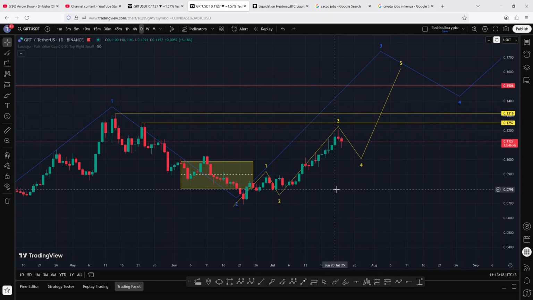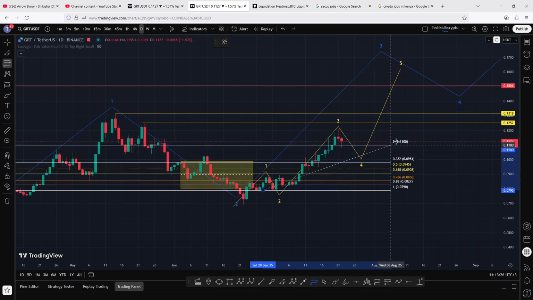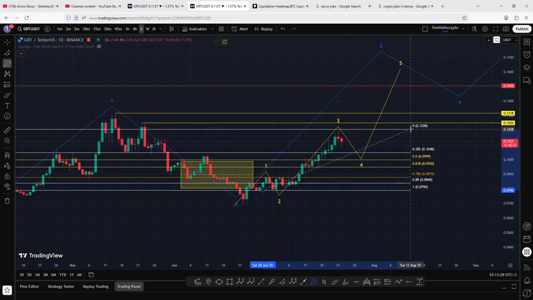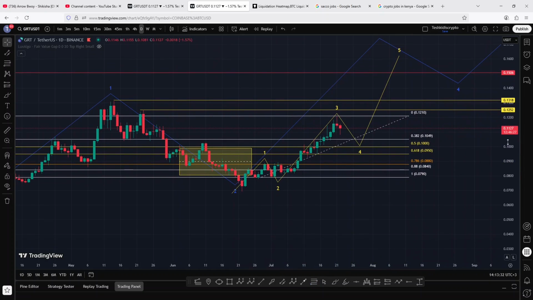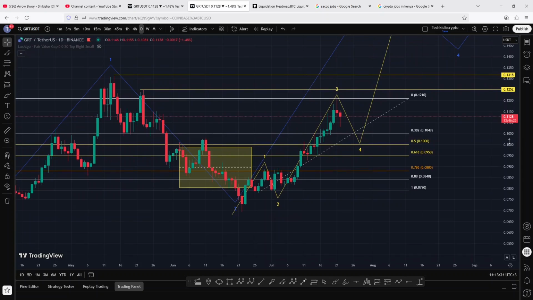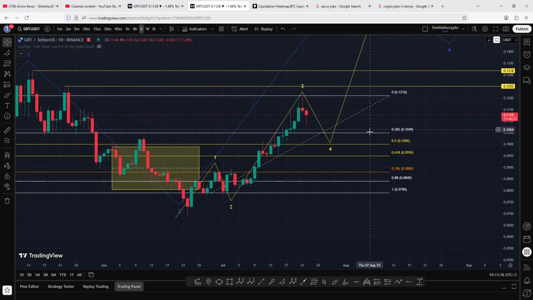And assuming that we have a top in place in the formation of this wave 3, then using the Fibonacci's, connecting the fibs from the low of the second wave to the high of that wave 3, we can get the minimum target areas for that wave 4 between the fib level 0.5 and the fib level 0.382, and that is between the 0.1049 and the 0.1 USDT mark.